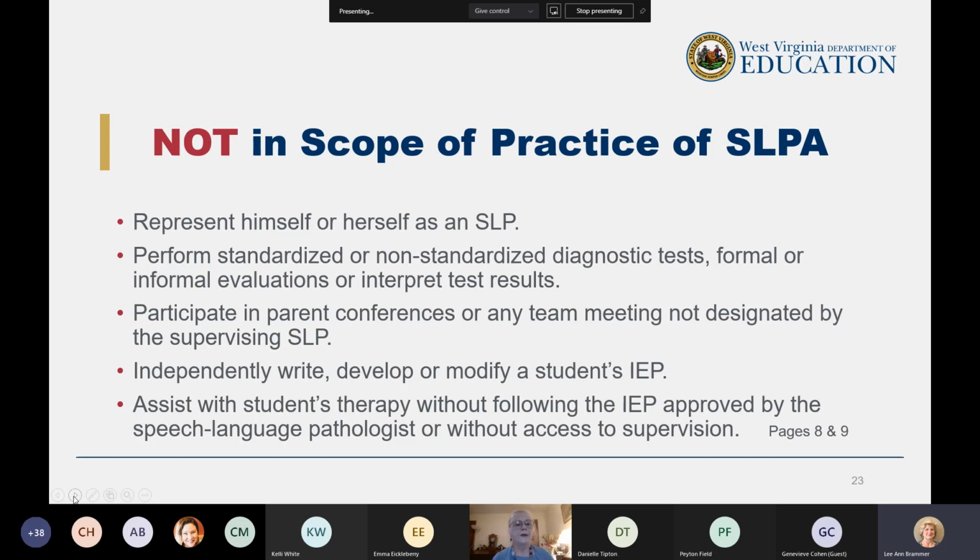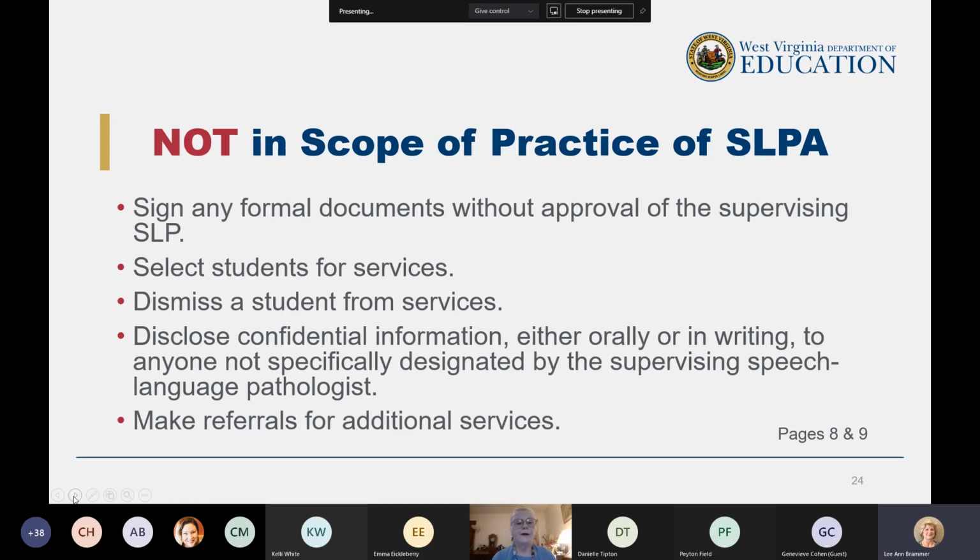And then on the next one, you would not sign the formal documents probably at all, but in rare cases, the SLP may designate that for you to do. You don't select the students or dismiss the students or disclose confidential information unless the supervisor has suggested that be done.